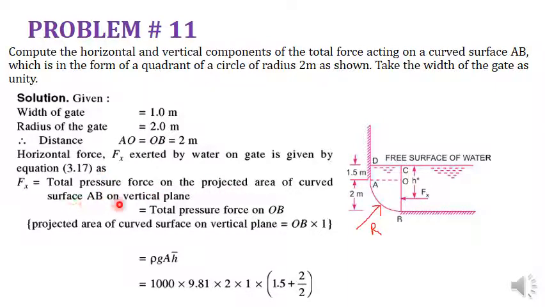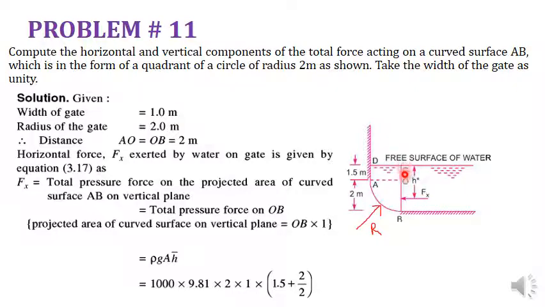The horizontal force Fx exerted by the water on the gate is given by a well-known equation: the total pressure force on the projected area of the curved surface AB on the vertical plane. Here we have the curved surface from A to B, and its projection is considered as OB.